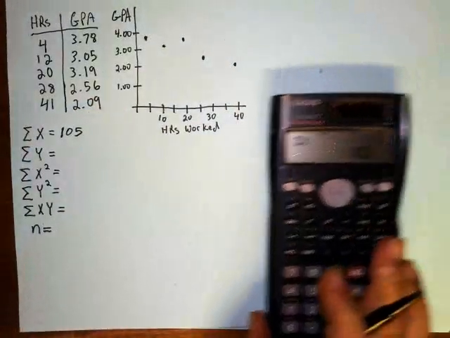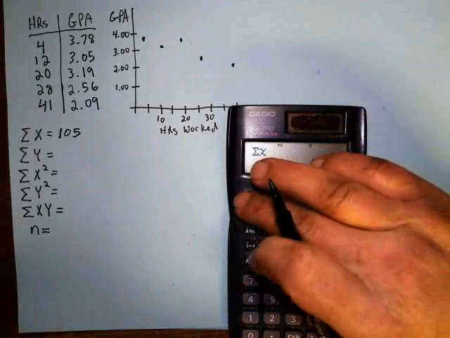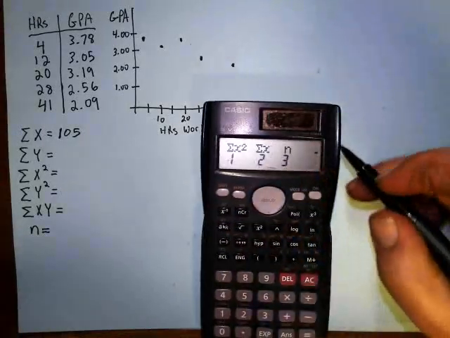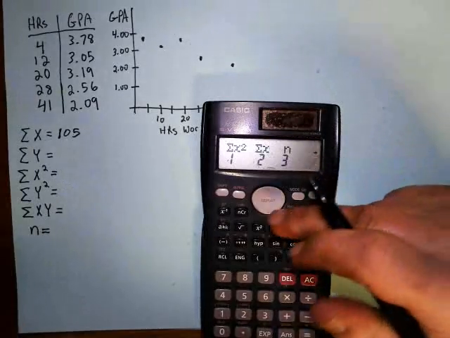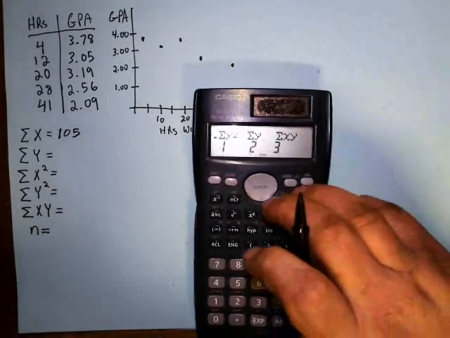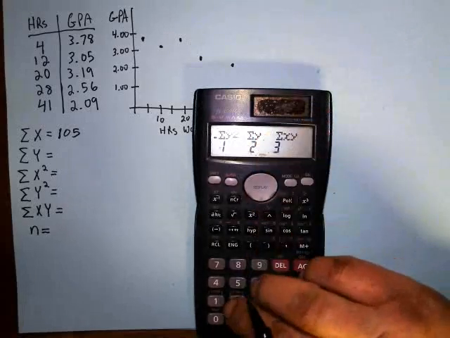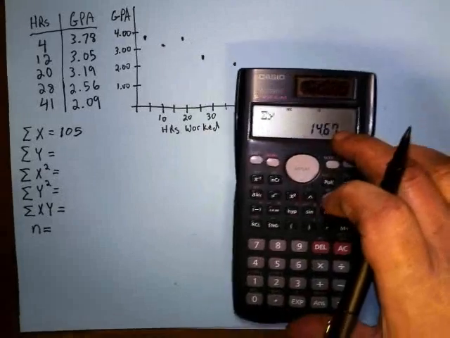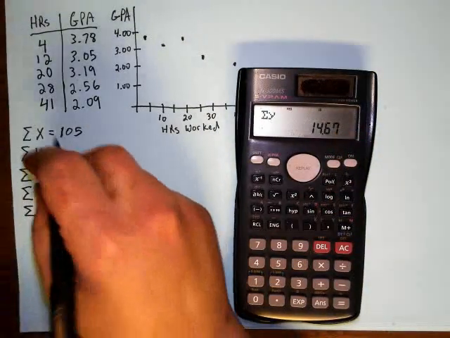Now, what about the sum of y? We'll hit Shift 1. I don't see the sum of y there, but there's an arrow on this end, so I'm going to press the pad over, and then the sum of y is 2. Hit equals, and that's 14.67.